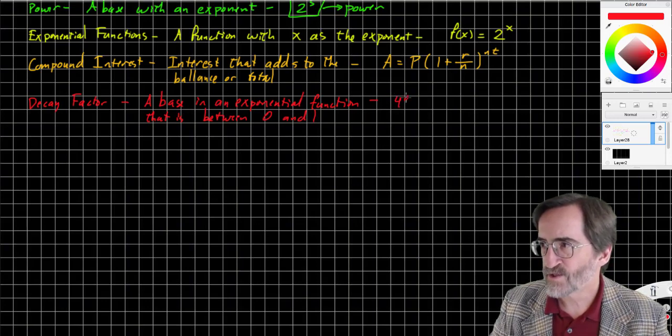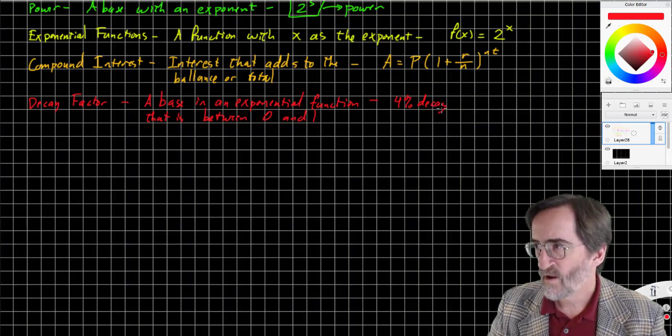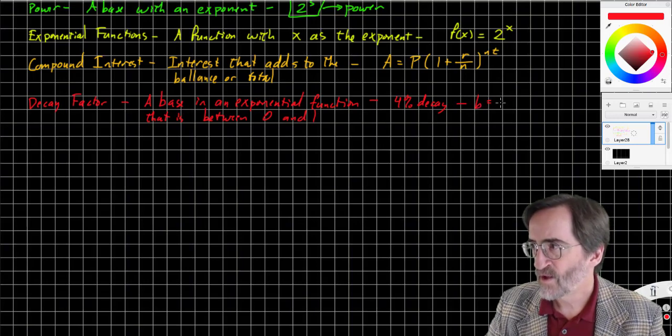Example, 4% decay means the base, B, is 100% minus 4% equals 96%, or B equals 0.96.